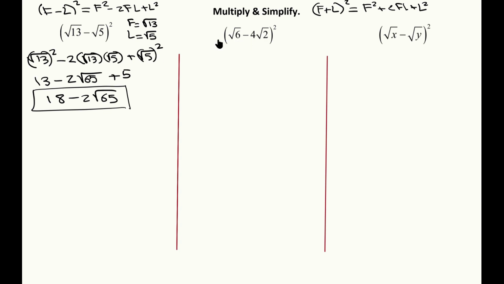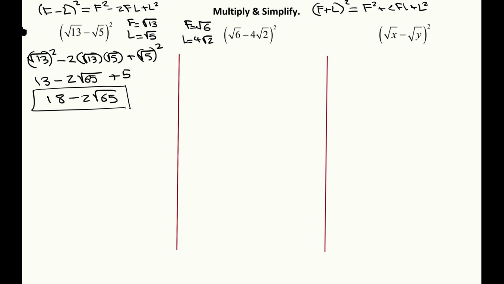We're going to do the same thing with this. It makes no difference that they both have radicals in them. So here our f will be square root of 6 and our l will be 4 radical 2, and we're applying this formula again.